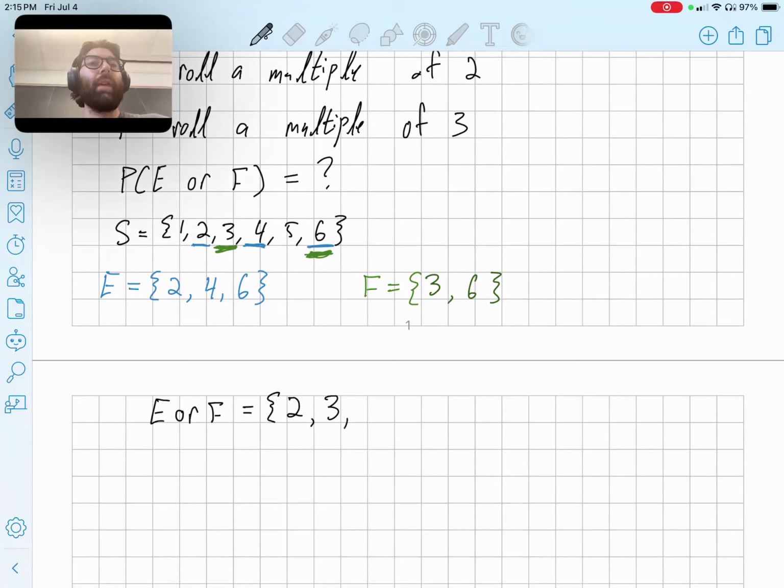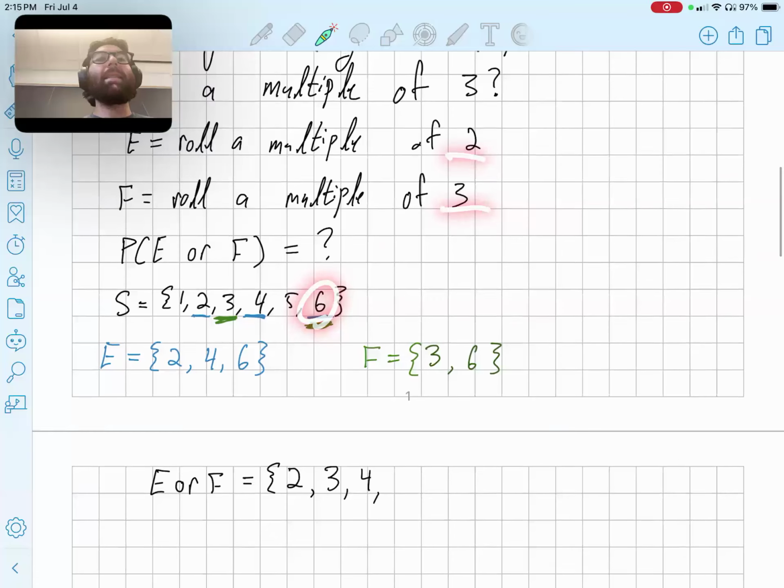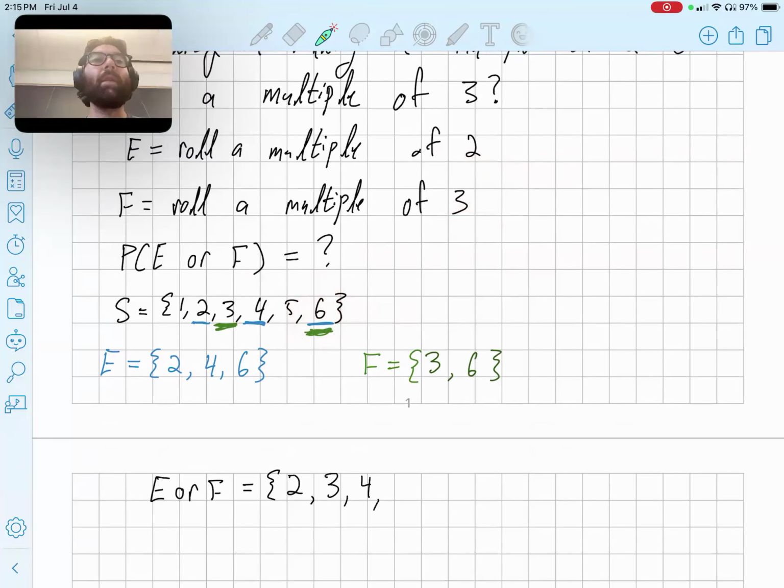Now 4 is a multiple of 2, so it goes in. 5 is neither. And 6 is a multiple of 2 and a multiple of 3. Well, both is fine, right? Both can be true. It can satisfy one, it can satisfy the other, or it could satisfy both, and that's fine. It just can't satisfy neither. So 6 goes in.